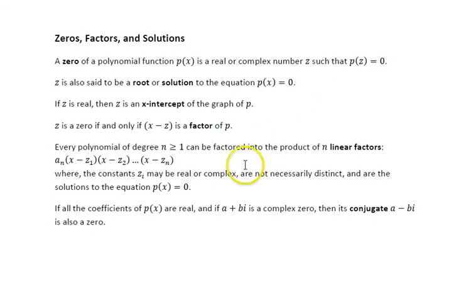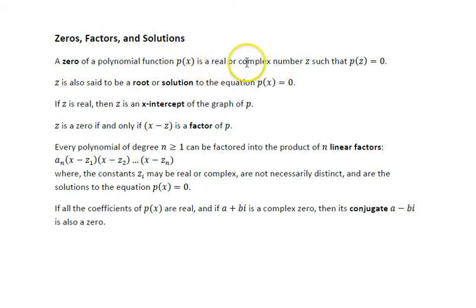Let's discuss the meanings of these terms here: zeros, factors, and solutions. We know what factors are, and we know what solutions are. Zeros. A zero of a polynomial function, p of x, is a real or complex number.